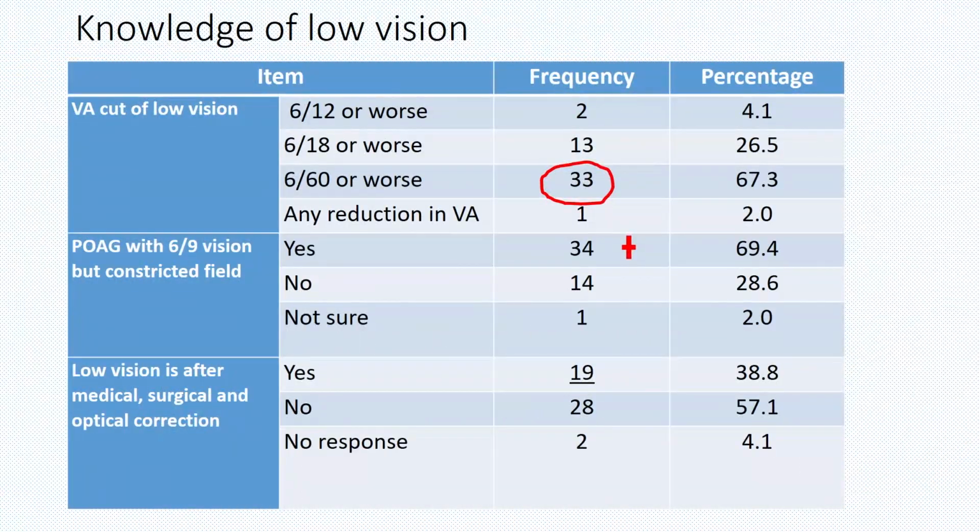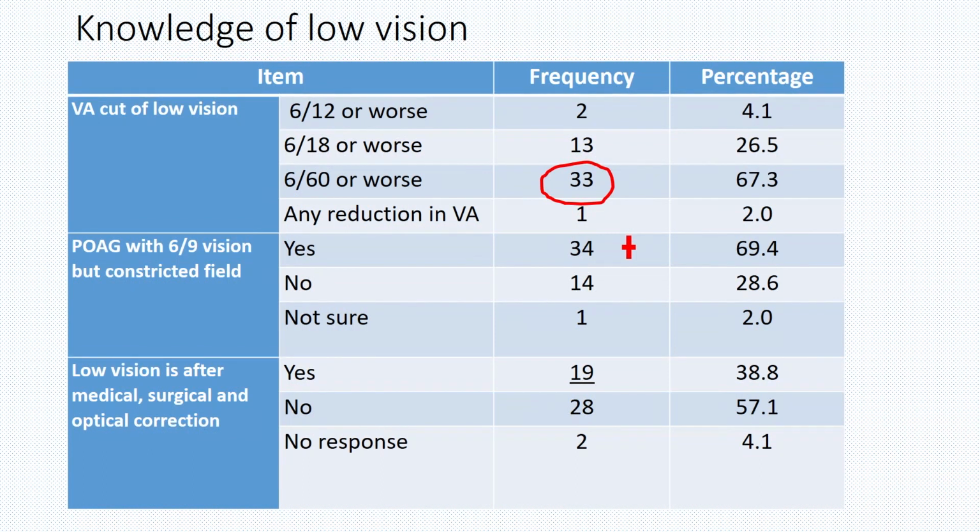Now, this is the knowledge they reported. We asked certain questions and required them to just indicate answers, depending on the nature of the question. The first point there is the VA cutoff for low vision. The VA cutoff, as specified by WHO, is 6/18.